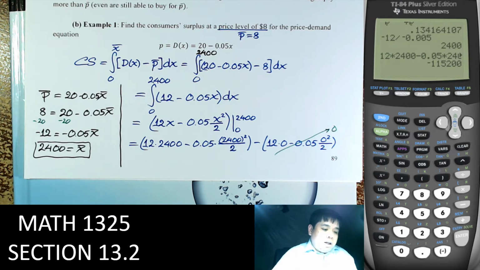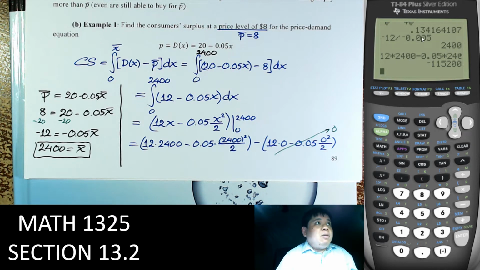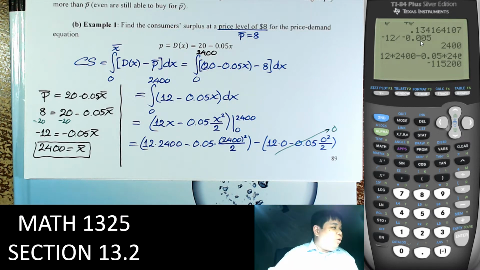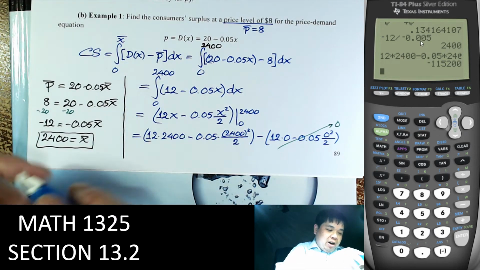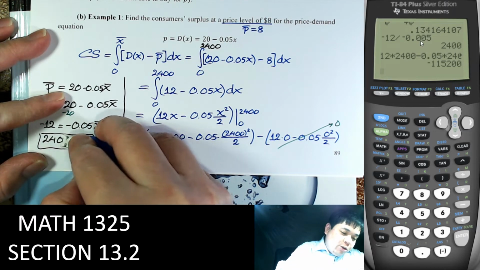Sorry, I had an extra 0 here when we divided, so that should be 240 only.